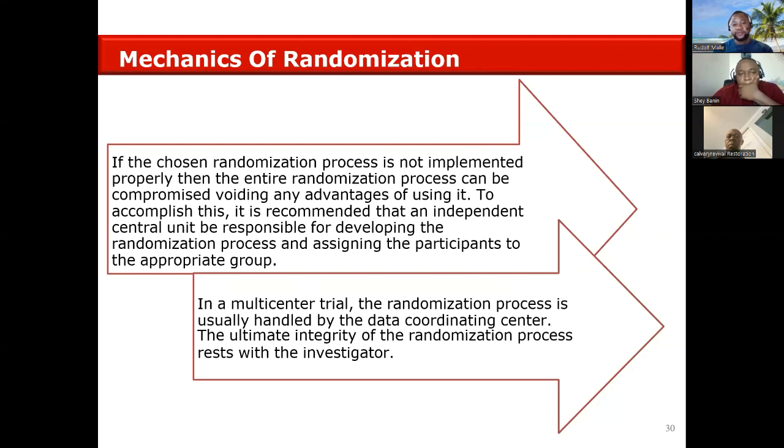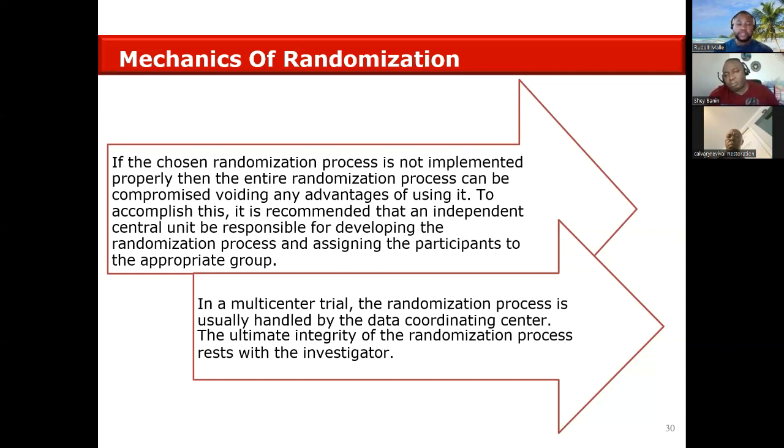So of course, randomization is usually not only for a multi-center trial, but also it could be a multi-group study, a trial that has multiple groups. So it's recommended that, in the implementation, we make sure that we don't have any randomization process that becomes very, very complex, because it makes it difficult for the team to follow.